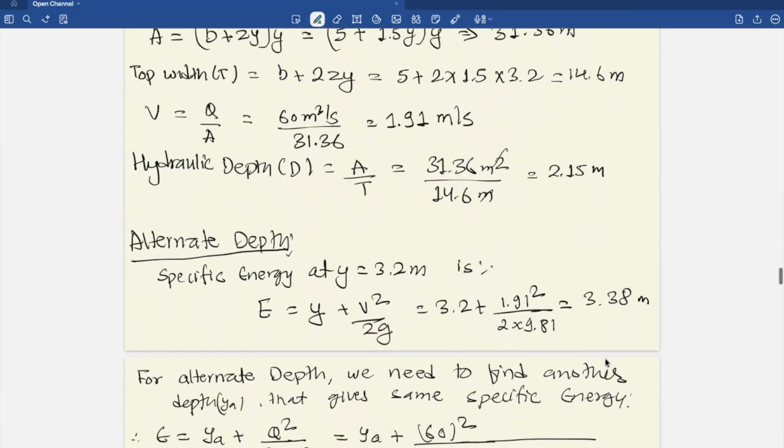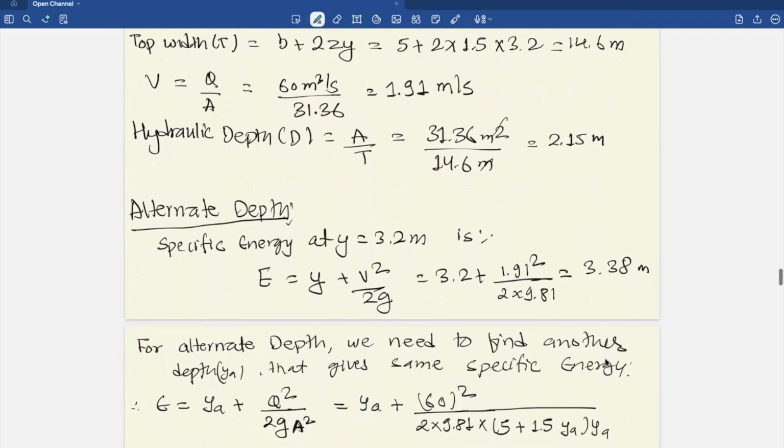Now we need to find another depth, ya, that is the alternate depth, that can give us the same specific energy of 3.38. Since 3.2 meter is subcritical, we will verify that shortly, the alternate depth will be supercritical, meaning shallower.